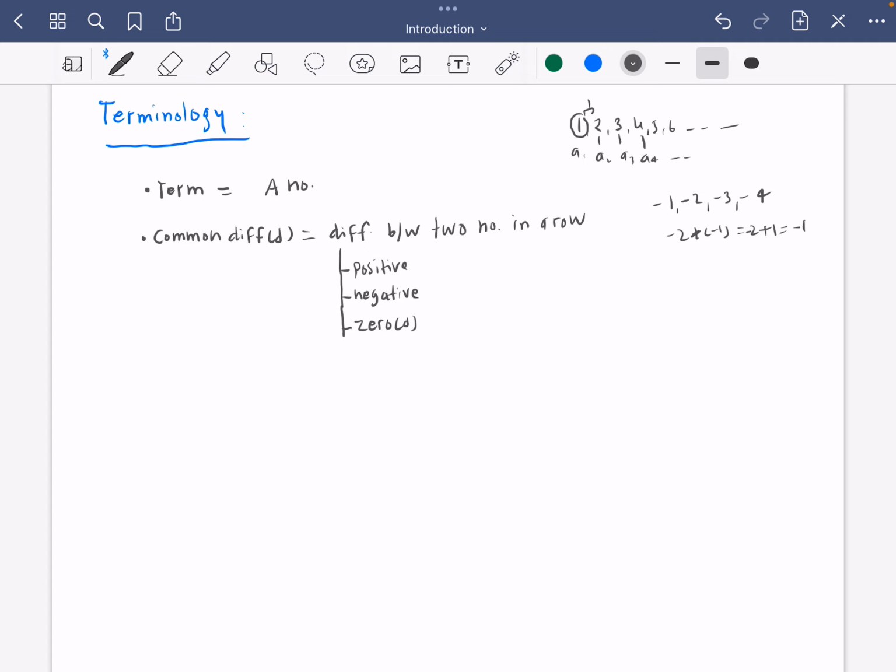That means, let's say it's 1. If the difference is 0, then the next terms are going to be 1, 1, 1, 1, and so on. So the number keeps repeating itself, but technically we would say we are adding 0 to it, so it's always increasing by 0. It can be 0. Then type of AP.